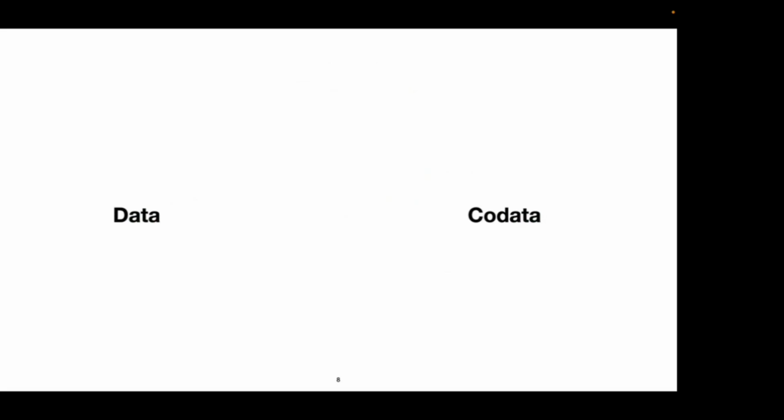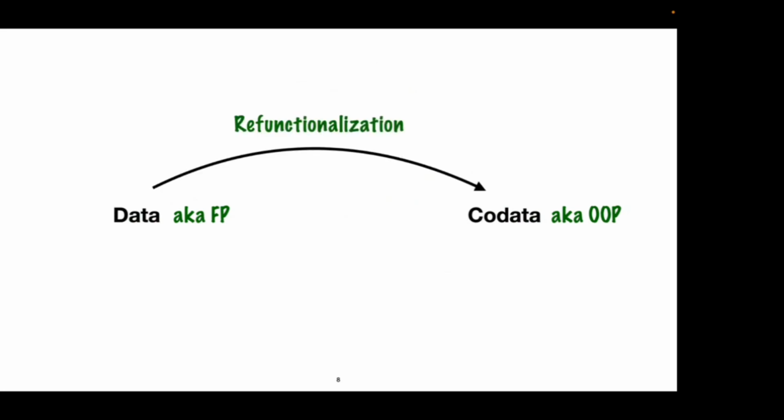More generally, these 2 representations, the data representation, which is close to the functional programming version, and the codata version, which is close to the object-oriented style of defining types by interfaces or methods that you can call on them, they are related by 2 program transformations. In the one direction, we can go from any data type to a codata type using refunctionalization.